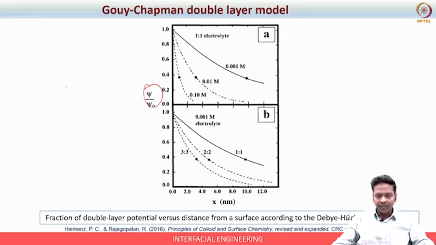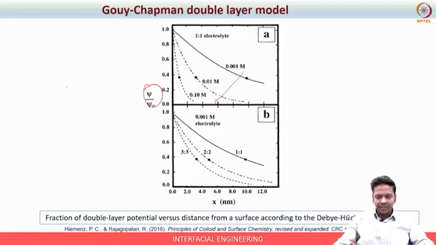As a function of the concentration of the electrolyte, if you change the concentration while keeping the type of electrolyte the same, how does the fraction of double layer potential vary? That is exactly what is shown in figure A.